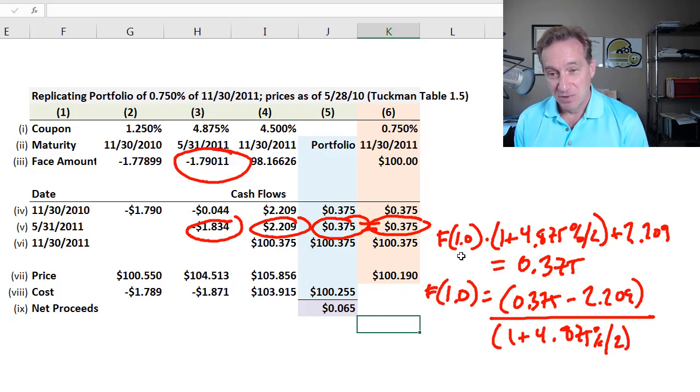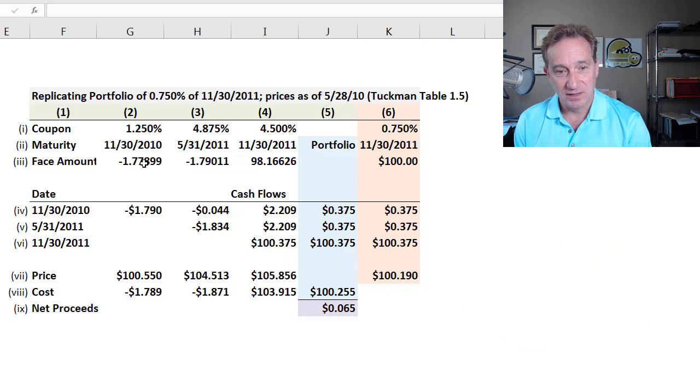So again, the motivation with the solution is to have the replicating portfolio match my 37.5 cents. Given that I'm already purchasing this face amount of the 4.5 coupon bond, I've now solved for how much of the face amount of the 1-year bond I need to purchase in order to deliver the correct 1-year cash flow, and it turns out to be a negative in this case, so it turns out to be a short.